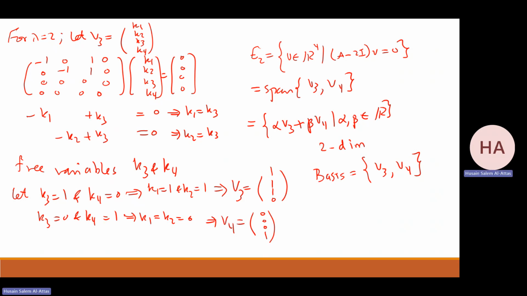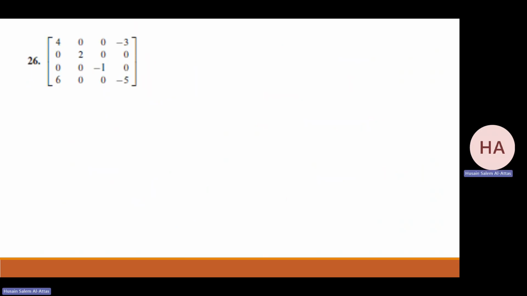Let me do the next one since I put it here. So I have A minus lambda I. See what will happen. So I have 4 minus lambda, 0, 0, minus 3, 0, 2 minus lambda, 0, 0, 0, 0, minus 1 minus lambda, 0, 6, 0, 0, minus 5 minus lambda.